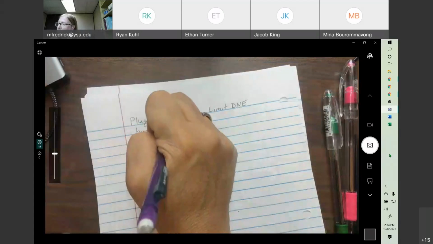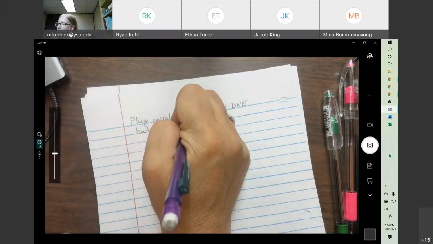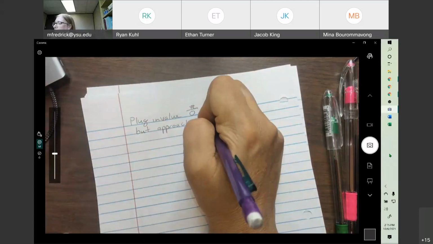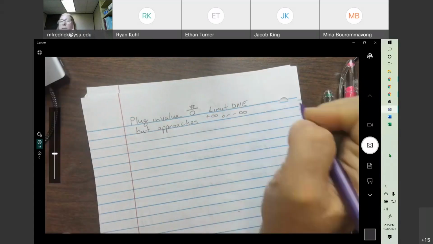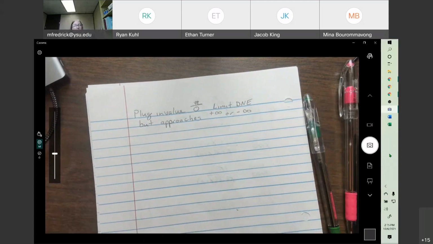But it approaches positive infinity or negative infinity. And so you need to decide. And sometimes because it's going opposite directions, you need to take the limit from the right and the left of those values if they're going in different directions.